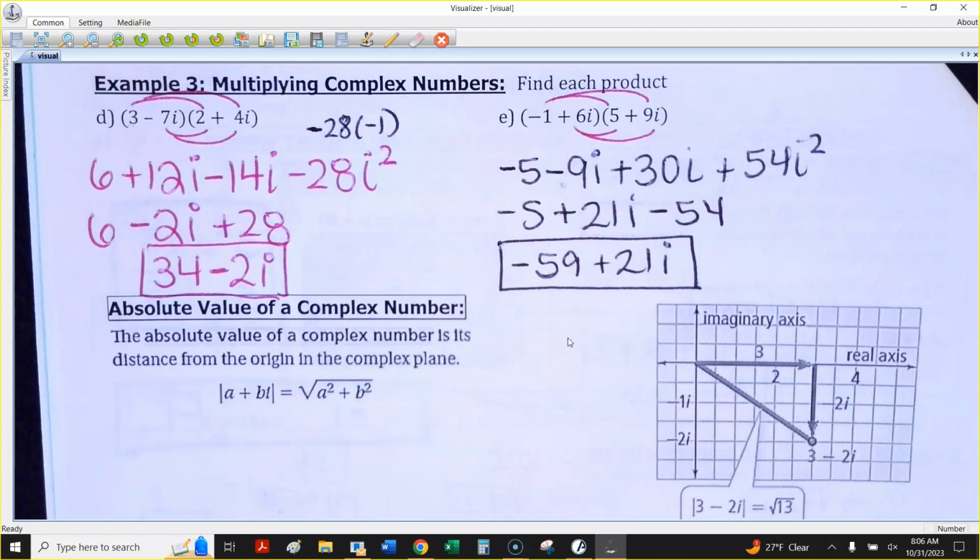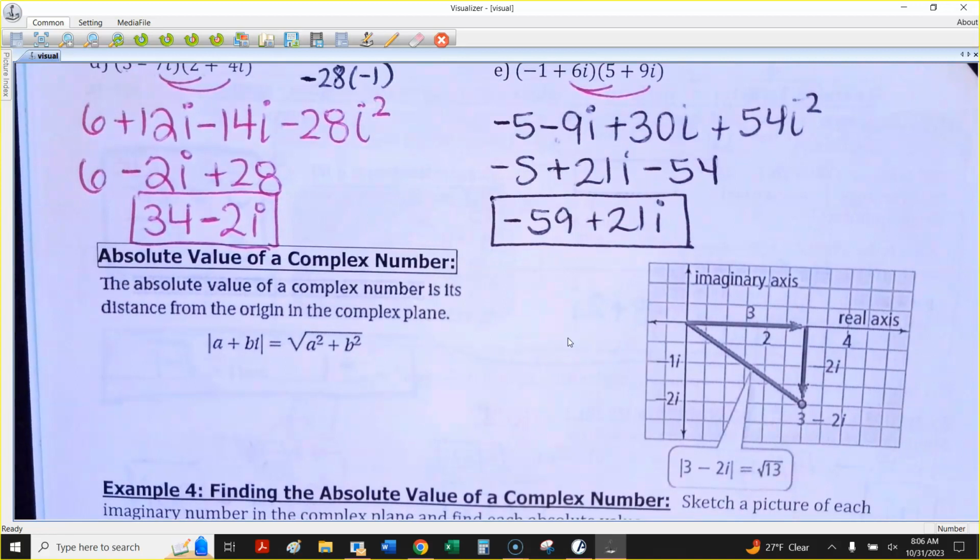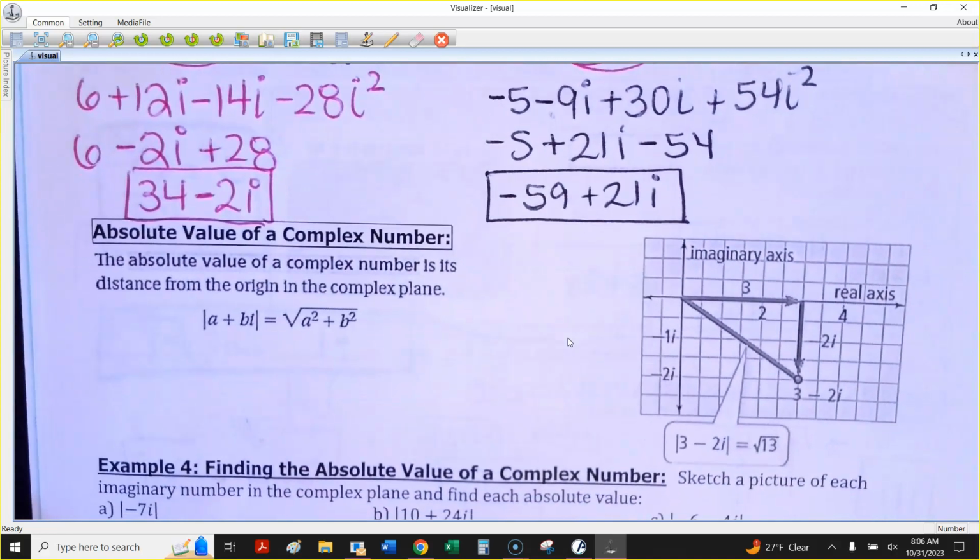Is anybody having a question about the FOIL? Okay, you should get negative 59 plus 21i. Okay, awesome. Now, here is absolute value of a complex number.